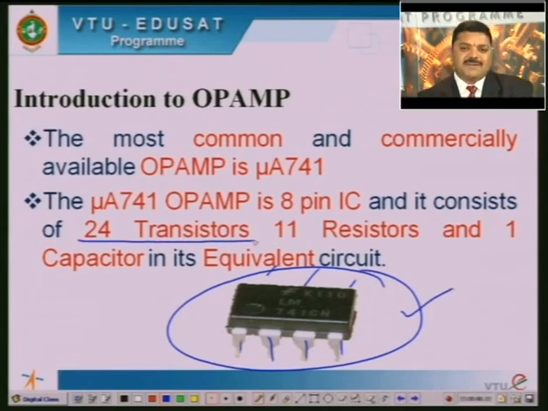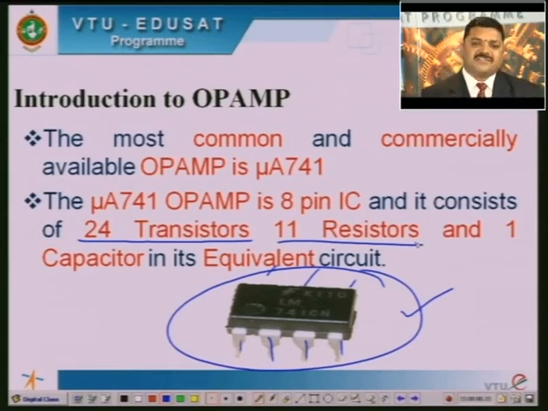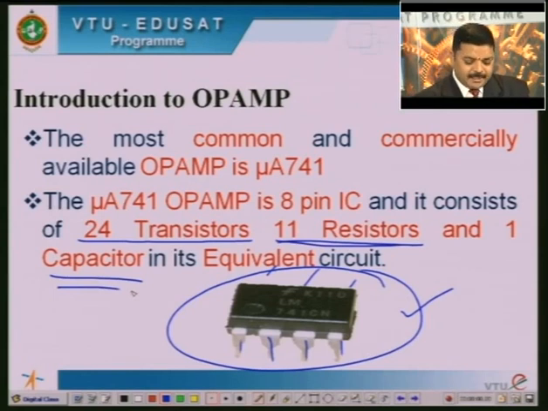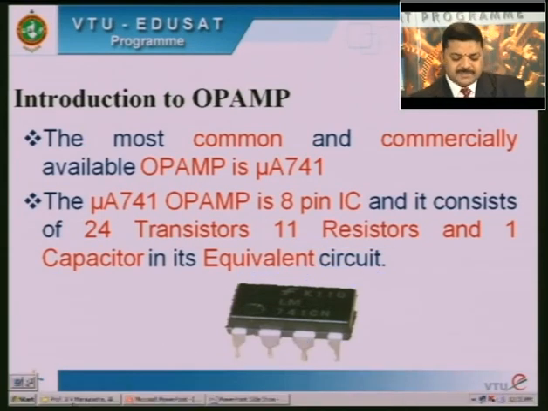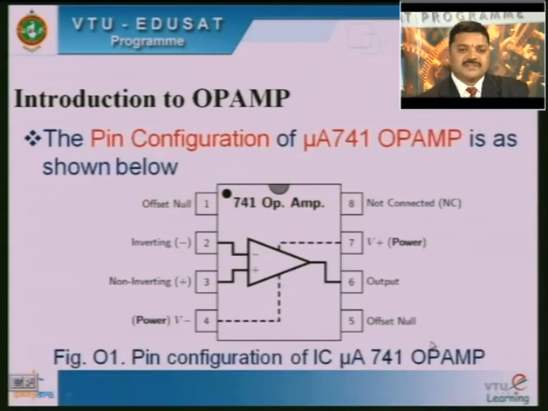The moment we say amplifier, automatically transistors come into the picture, and some biasing resistors and a capacitor. So, when we see the MU-A741 op amp internal circuit, we can count 24 transistors, 11 resistors and 1 capacitor in its equivalent circuit.